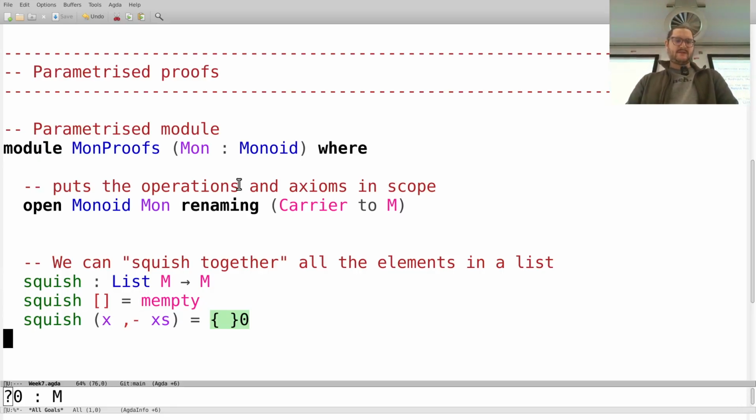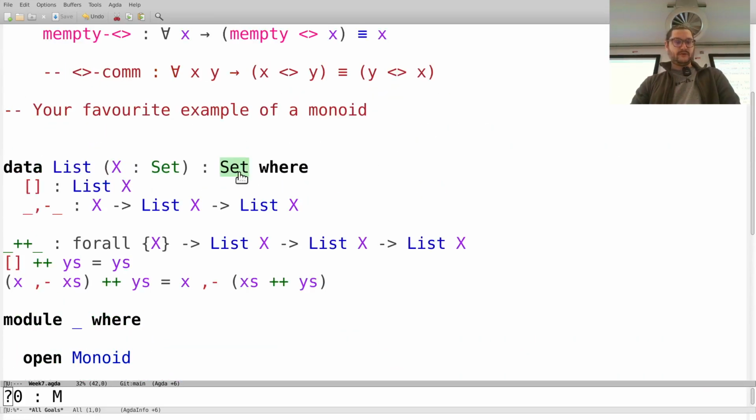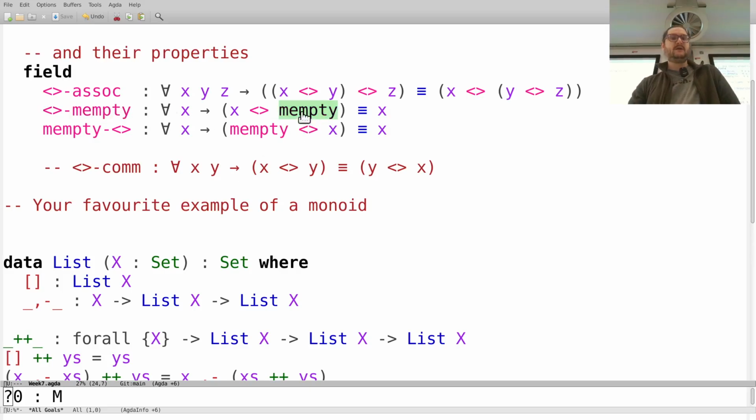Okay, so in the base case, there's nothing. Then Connor said, if there's a single value, we can just return it. But I'm not going to do this special case, because if you remember the rules for mempty, you can tack on mempty at the end or at the beginning, it doesn't matter. So if you have a single value and you return it immediately, it's the same as returning it combined with the mempty that you get for the empty list.